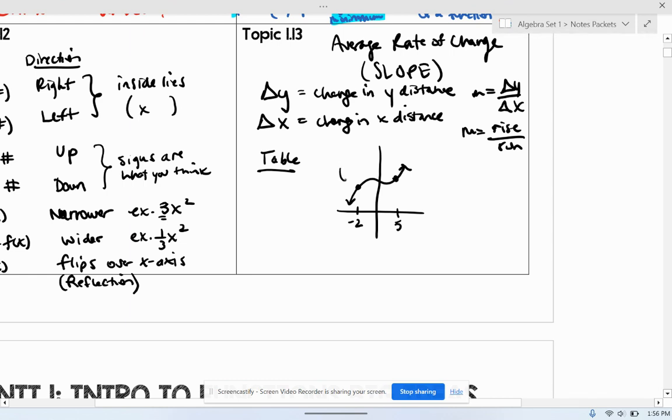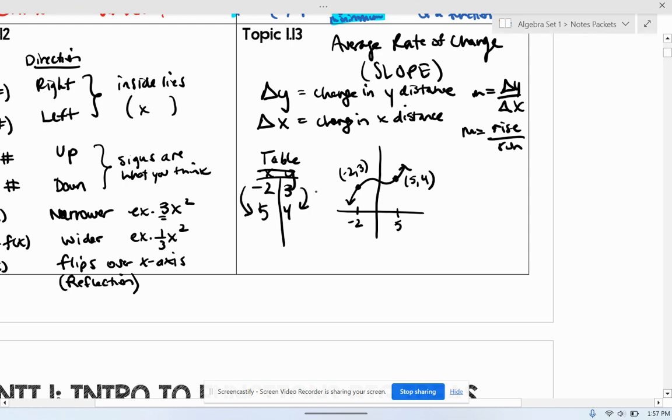You're going to locate those points on the graph. Let's say it's -2, 3, and then 5, 4, right? You want to calculate the average rate of change over that interval. You take those 2 points and you put them in a table, and then you calculate the slope.